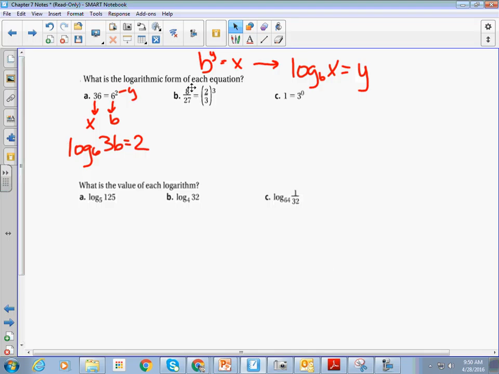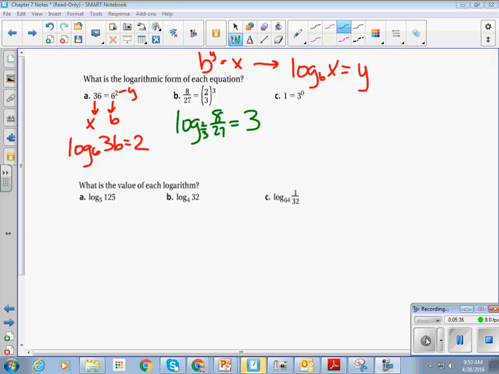Go ahead and try B on your own. The base is 2/3, the exponent is 3, and the y value is 8/27. Awesome.